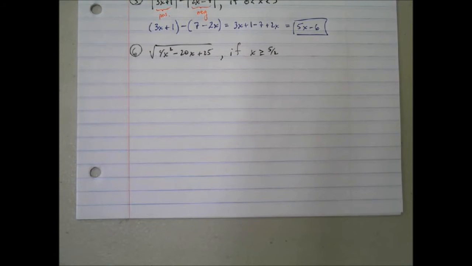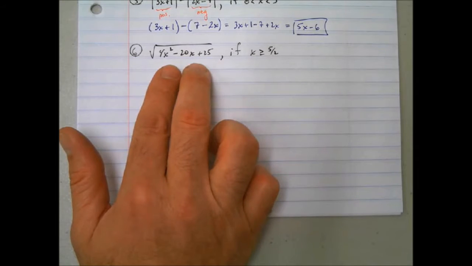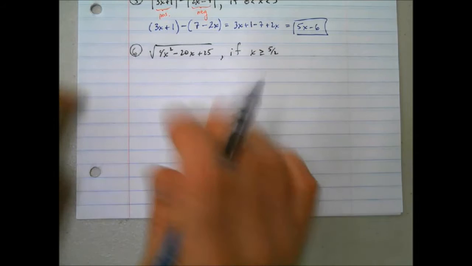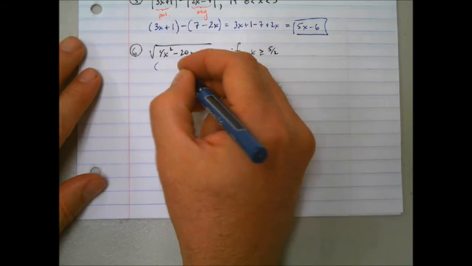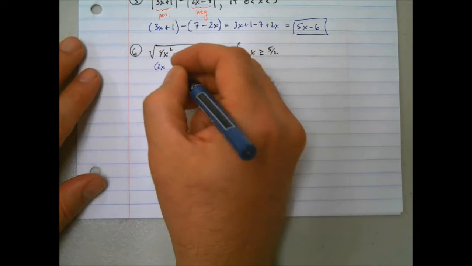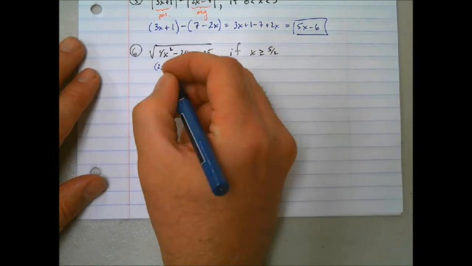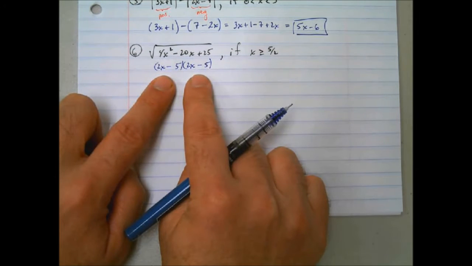If we have even roots, we look for pairs of things. For example, the inside looks like it can be factored. GCF is 1. It is a trinomial. Looks like 2x, 5, and 5, and both negative, which means that this is actually 2x minus 5 quantity squared.